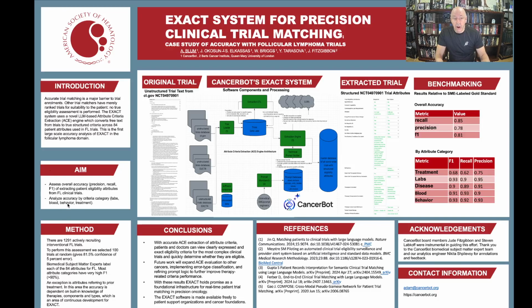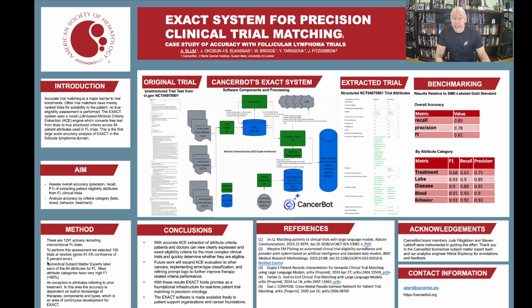So there are 1,291 actively recruiting interventional FL trials across various world databases. We select 100 trials at random to hand label with subject matter experts, where they go and say, okay, this is the specific attribute and value that we see here in this unstructured trial.